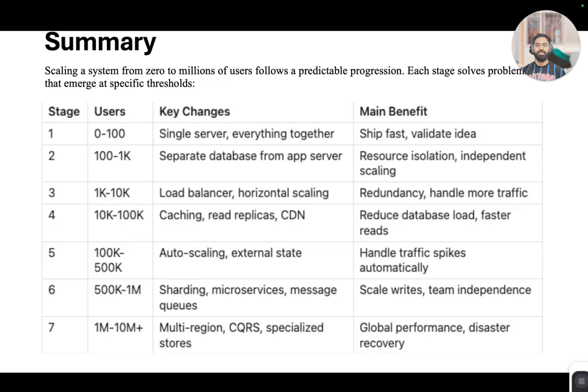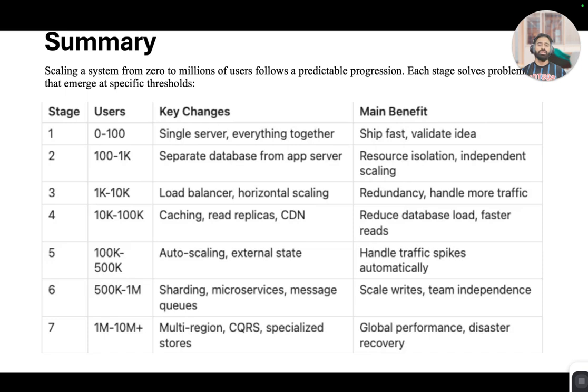When it's 10K to 100K, when traffic spikes, go with caching, read replicas, or a CDN. When your users are 100,000 to 500,000, you can go with auto scaling and external state to handle spike traffic automatically.